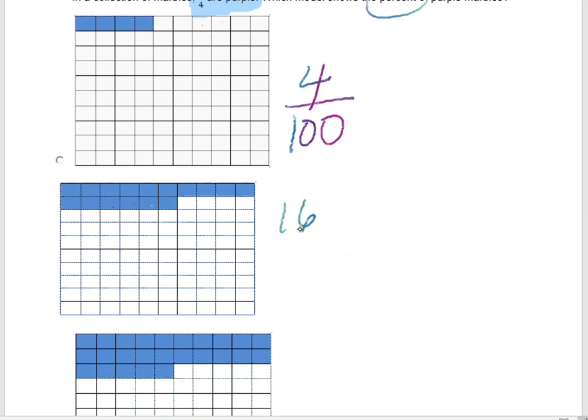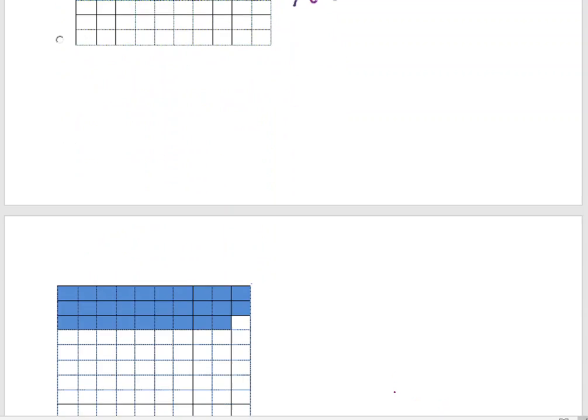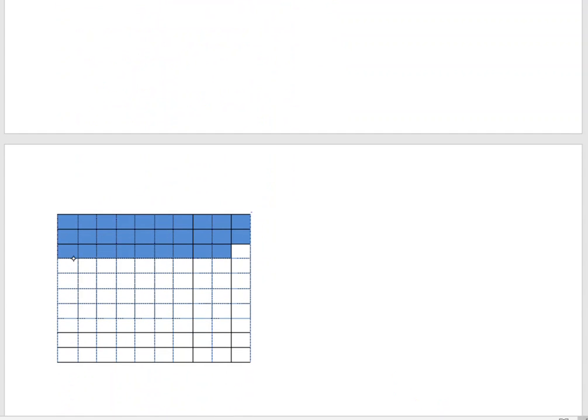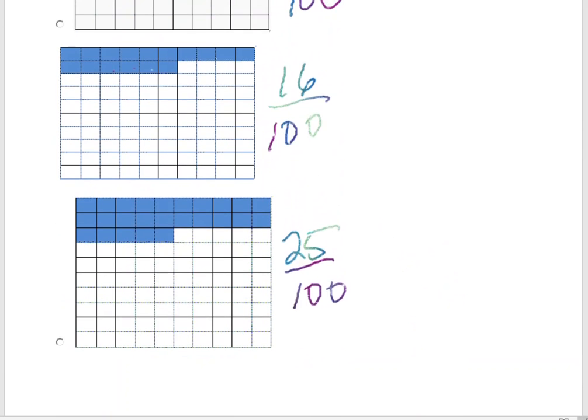So this has 4 out of 100 shaded. Whereas when we look at this one, we have 16 out of 100 shaded. When we look at this one, we have 25 out of 100 shaded. And when we look at this one, we have 28 out of 100 shaded.